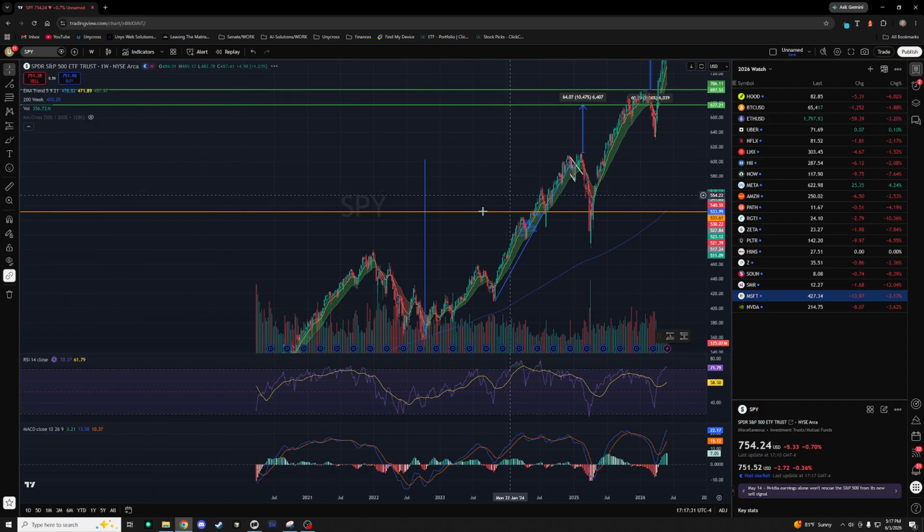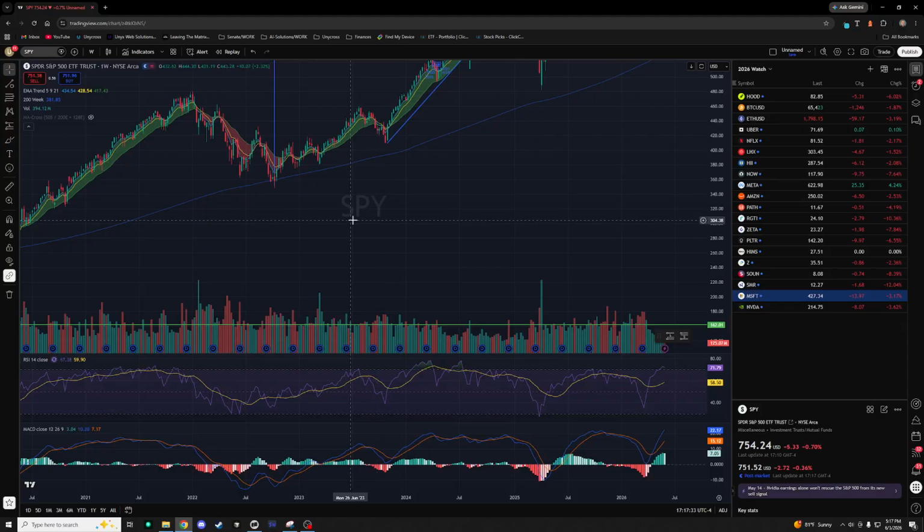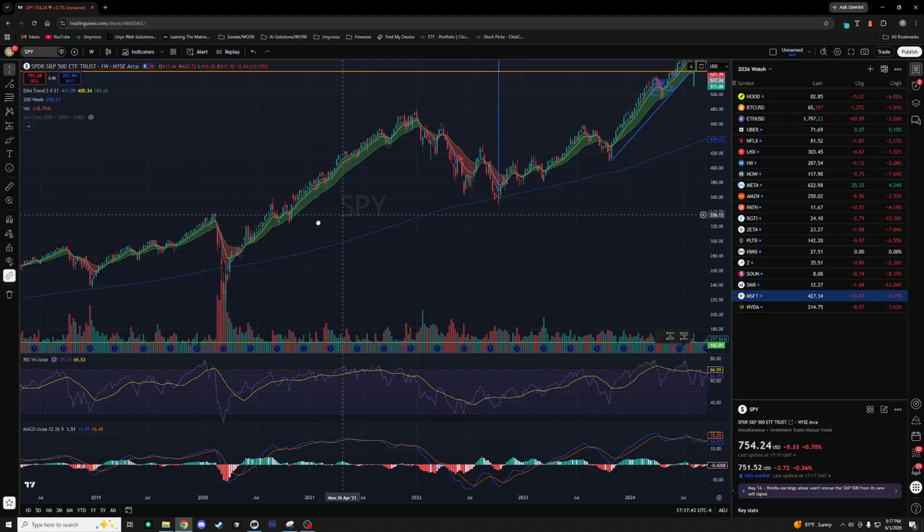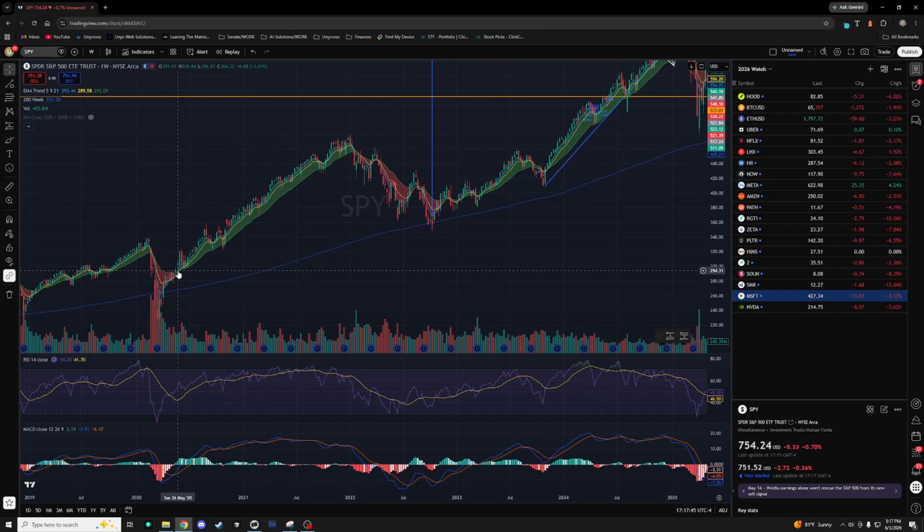And honestly, even in a crash, like the tariff thing was pretty much a crash. If you bought when it turned green way back here, you weren't buying in here, you're buying when it turns green. That's what I'm saying. You buy when it turns green. You bought when it turned green, sold when it turned red. This is the big fat nasty candle that turned it red.